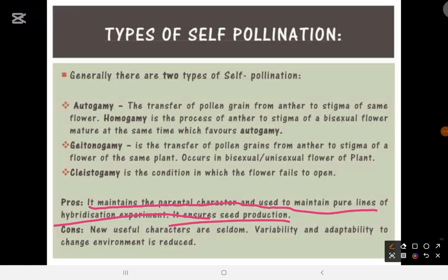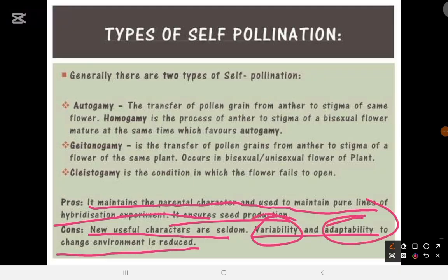But the con is that new useful characters are seldom produced, and variability and adaptability to environmental change is reduced. And of course, that is one of the problems of this kind of reproduction: variability is reduced, and adaptability to environmental changes is very low, because there is no new genetic characteristic that will be found in that plant, since it arises from the same parent.